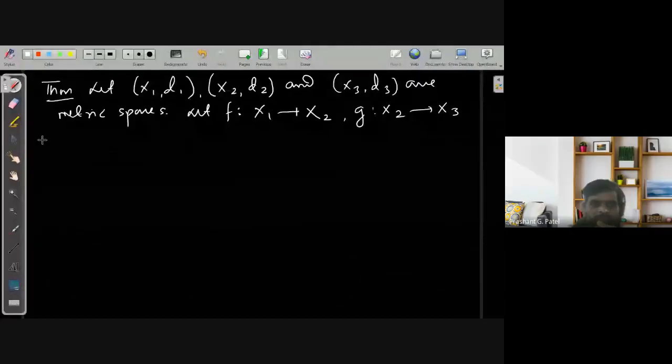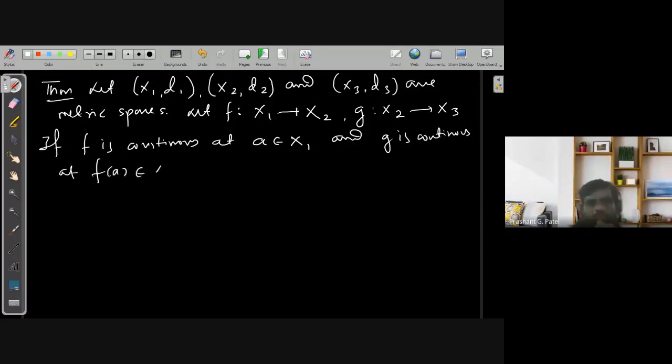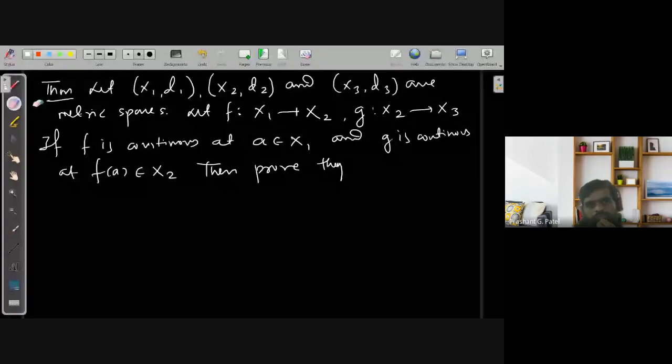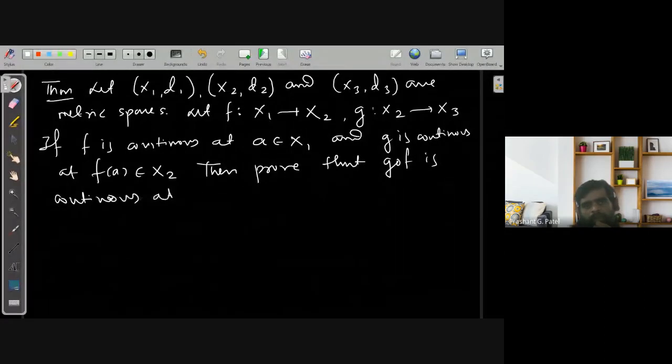If f is continuous at point a, which is in X1, and g is continuous at point f of a, which is in X2, then prove that g o f is continuous at point a.